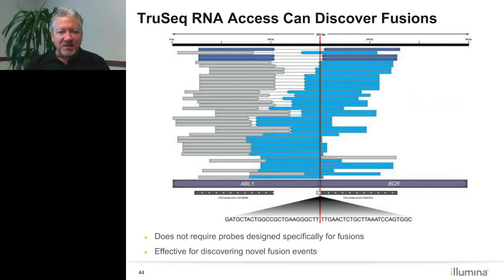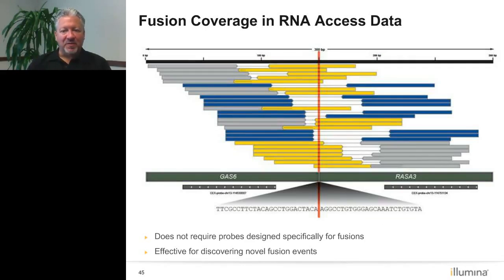This is a blow-up of that region, showing some of the reads that either touch the junction or are gray if they're on one side or the other. These are paired-end reads, and you can see here's the actual enrichment probe that we have for the BCR side and the ABL side. We're basically pulling down fragments that span this region, and when we map them back, it's very clear that we are detecting the BCR-ABL fusion.